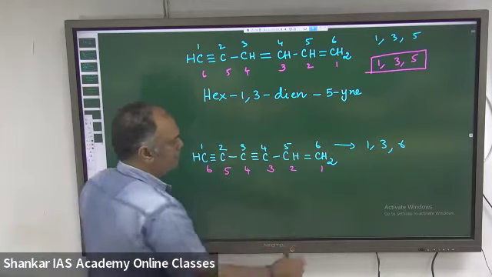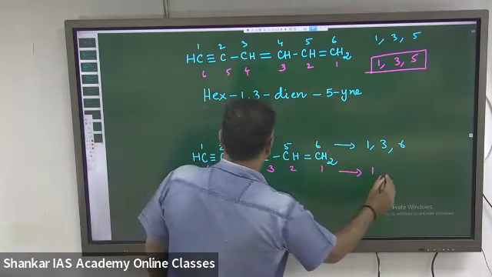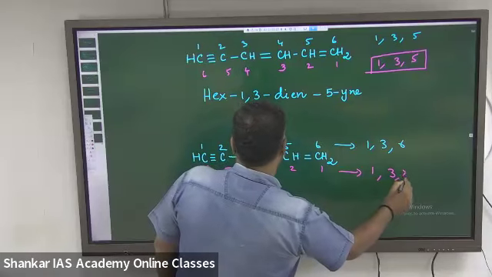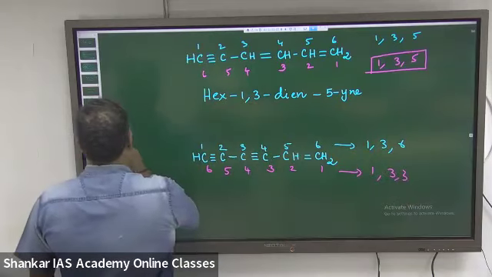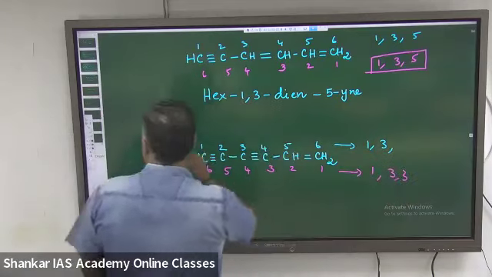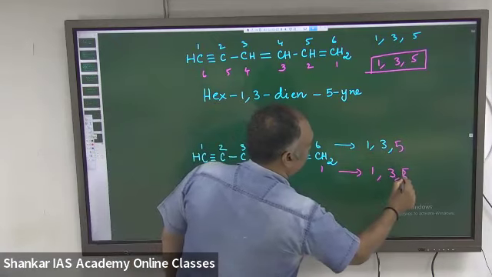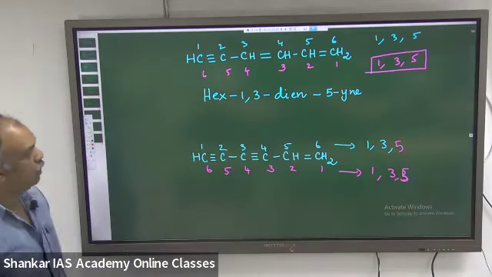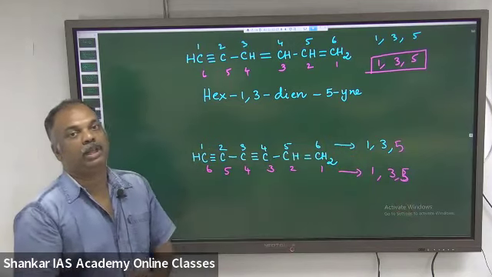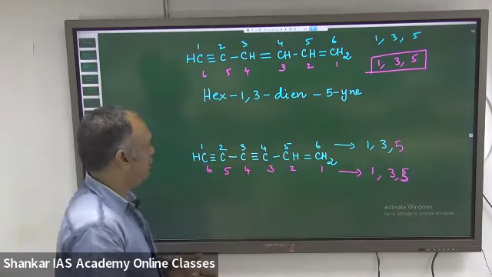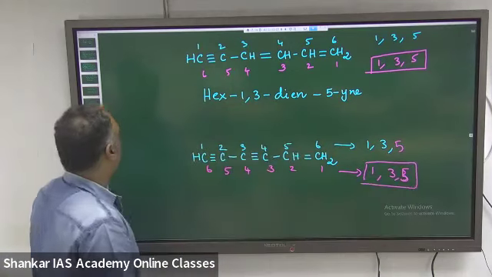Again, in this case, I have the functional groups at carbon 1, then 3, and then 5. So when you look, both are having the same numbering. So we have to give preference to alkenes. If you are giving preference to alkenes, then this is the correct numbering.